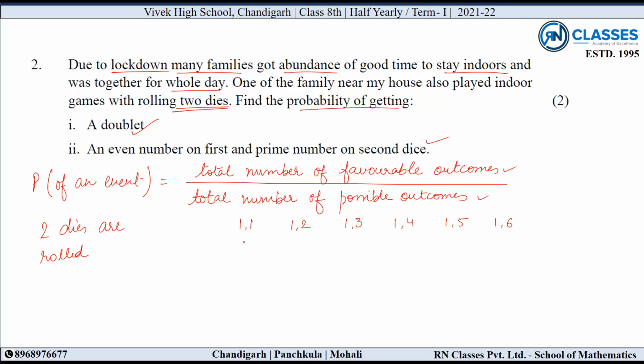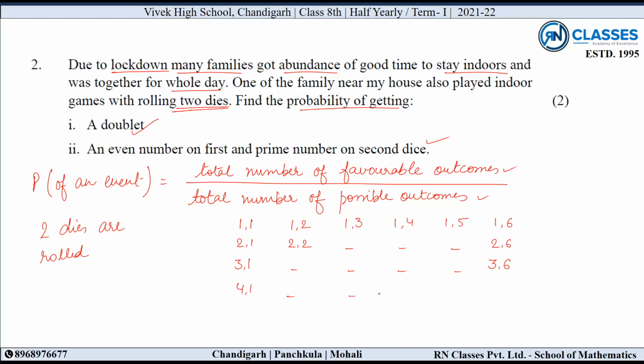All these. Next 2, then 1, then 2, then 2, and so on. Last one would be 2, then 6. First die and second die, right? First die 3, second die 1. So it goes on. Last would be first die 3, last die 6. Next, first die can be 4 as well, second die 1.